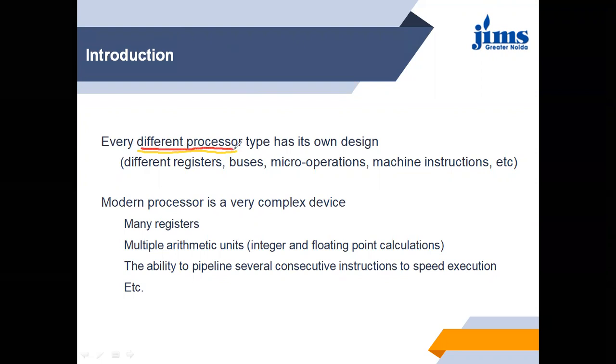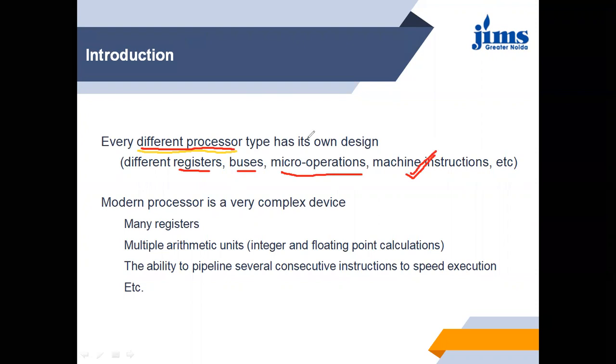When processors are different, it means they have different registers, different buses, different micro operations. We discussed the buses and the micro operations, and they have different machine instructions, as we will study today about the instructions.